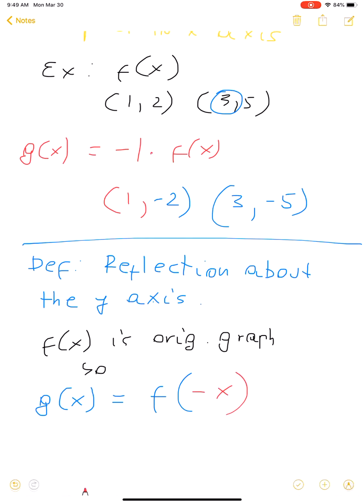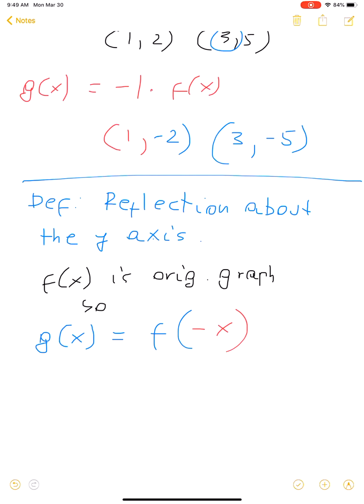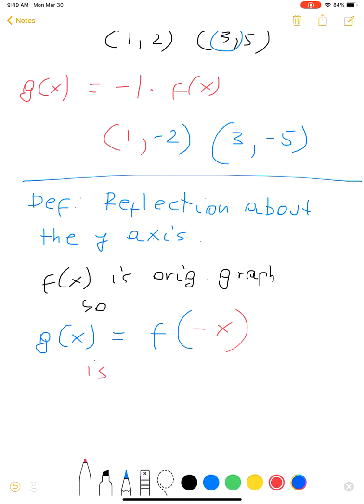So what happened here? This graph is a reflection about the y-axis. Not the entire function, but only the original x is going to be multiplied by -1.